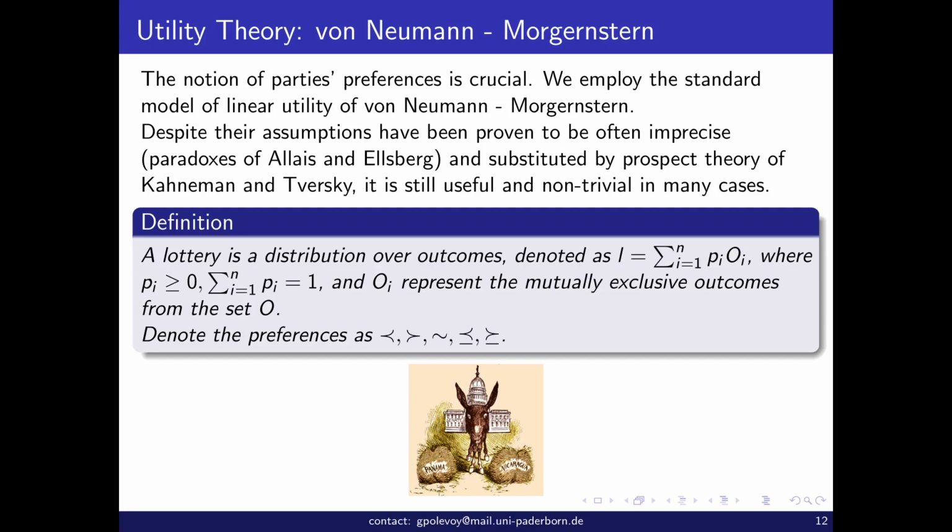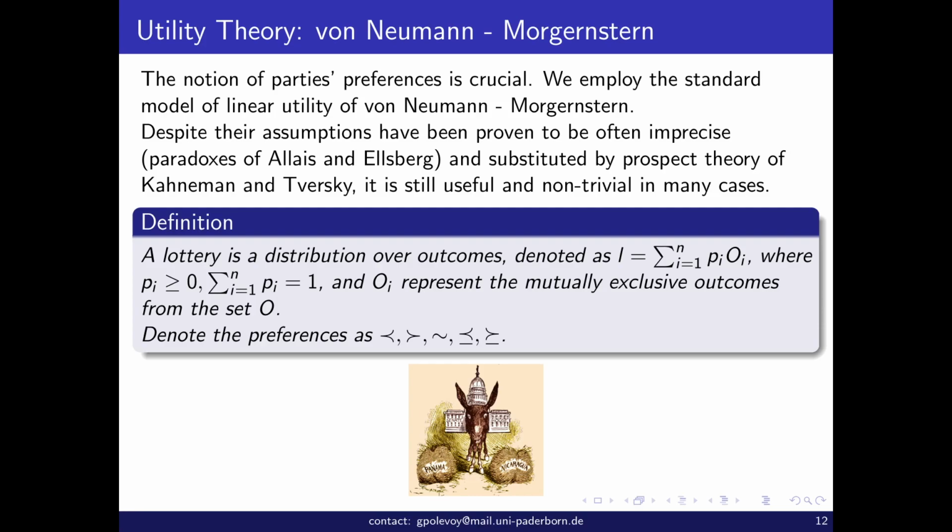A lottery is a distribution of outcomes, denoted as a convex combination with weights p_i of outcomes o_i, where the o_i are the mutually exclusive outcomes from some set O of outcomes. A convex combination means that the sum of the coefficients is exactly 1 and the weights are non-negative. So it's basically a probability distribution.